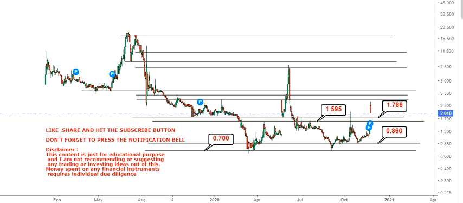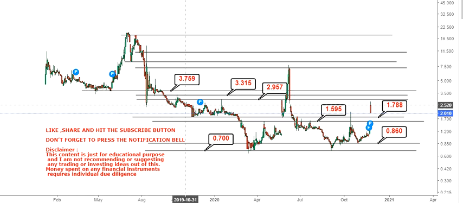Second thing, if it sustains above 1.5, 1.59 and 1.78, which is happening right now, then your first set of targets will be 2.9, 3.3 and 3.7. This first set of targets contains three different levels: 2.9, 3.3 and 3.7.